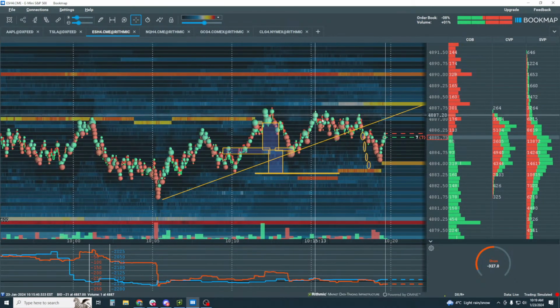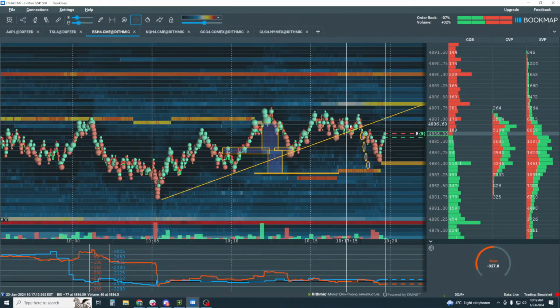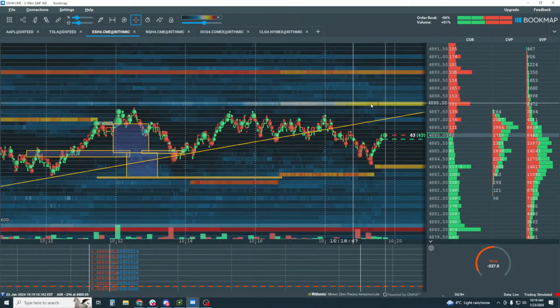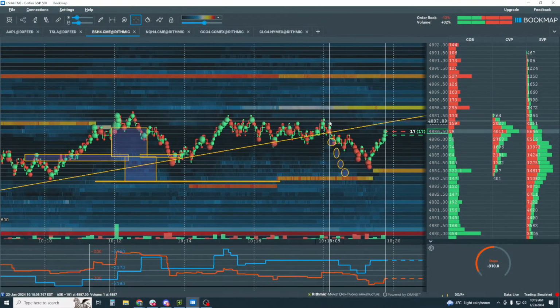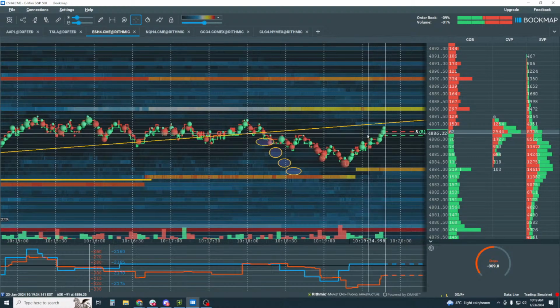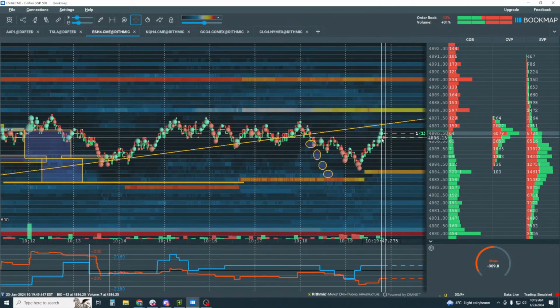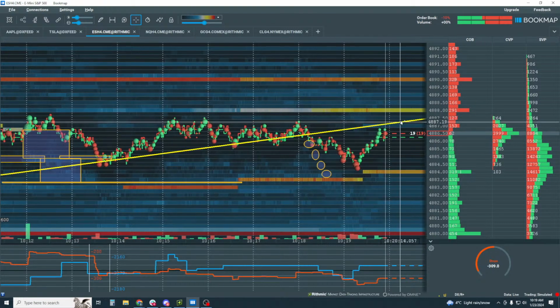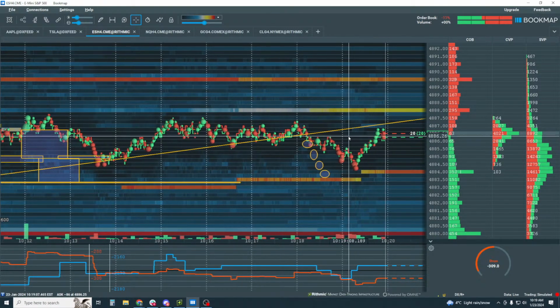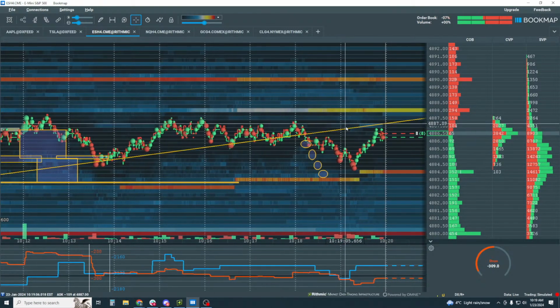But the buyers couldn't support this here, or couldn't maintain the upward movement. All right, so we're getting another retest here, but we'll see if this is enough buying now. And this would be another position now. You would be looking for another position, another setup in here.